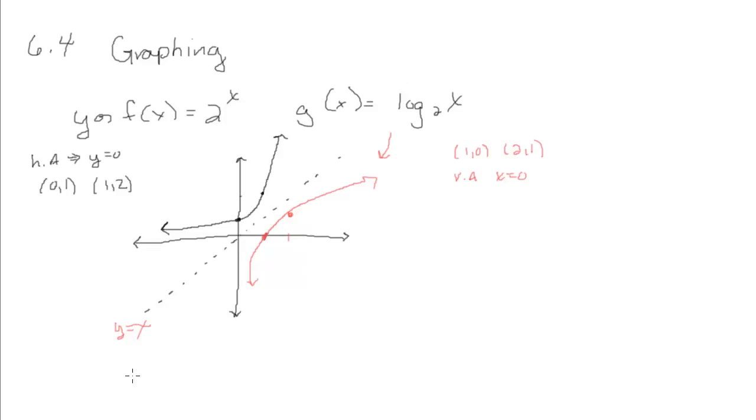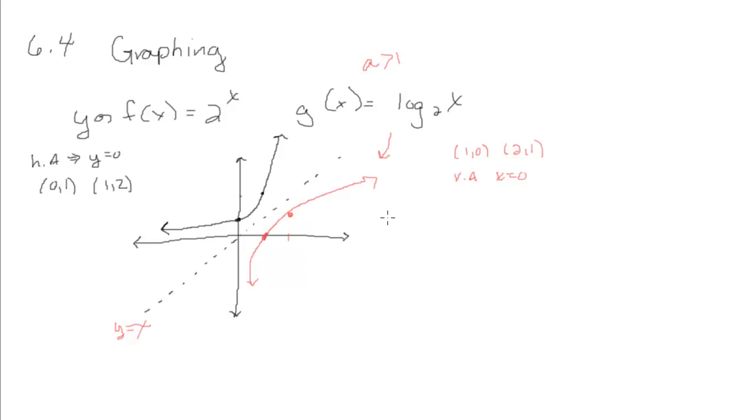Okay, so let's talk a little bit about the properties of graphs of logarithmic functions, and this is the list at the bottom of the study guide. So for f of x equals log base a of x, where a is greater than 1, just like we broke the cases up with the exponential functions in class, this will pertain to when the base is greater than 1, and then we'll look at the case when the base is in between 0 and 1.